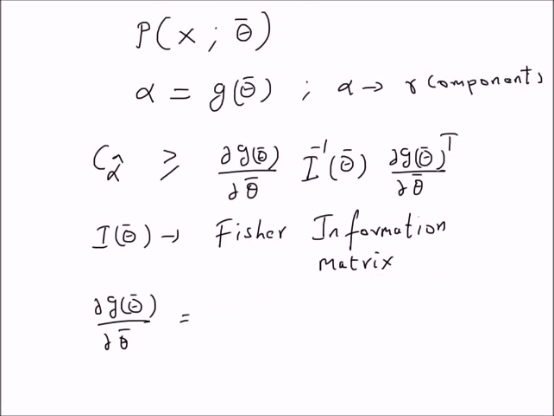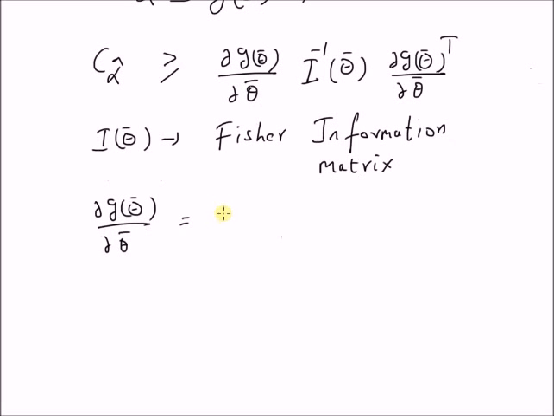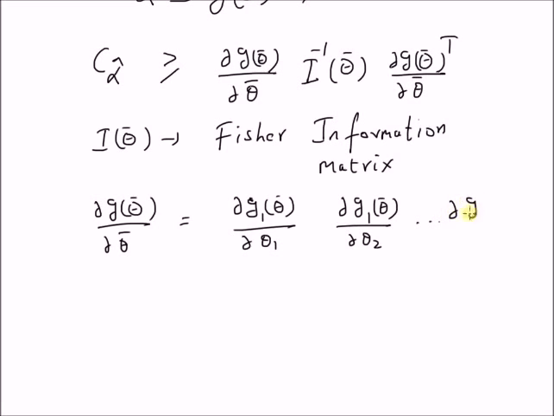The first row consists of derivatives with respect to the p components of the first component of the vector alpha. That is, we have the derivative of the first component of the vector g of theta bar with respect to the first component of theta bar, that is theta 1, and then we have the derivative of the first component with respect to theta 2, and so on until we have the derivative with respect to the pth component.